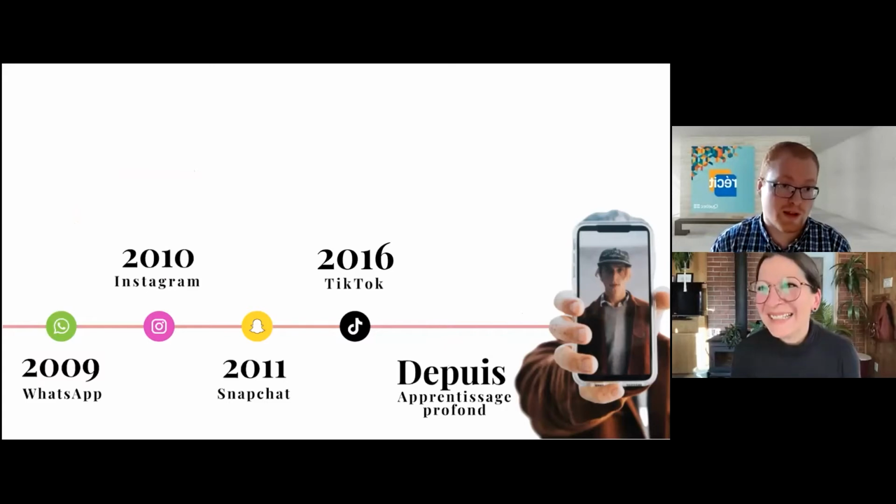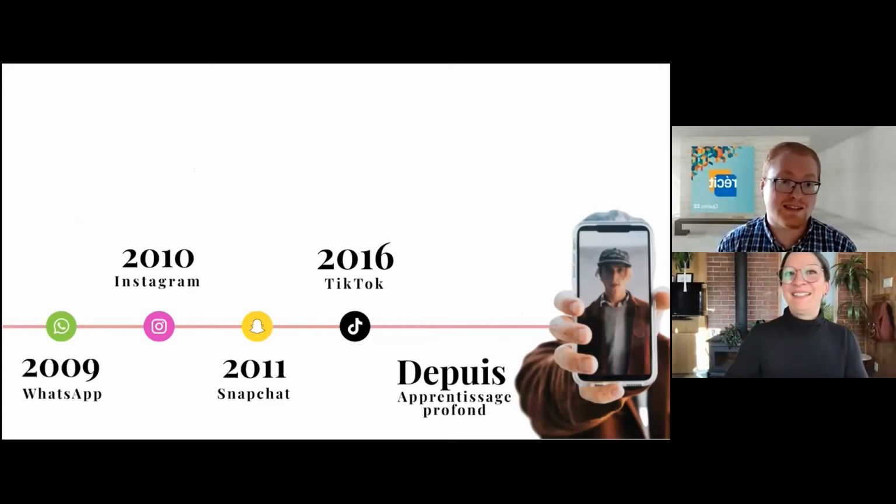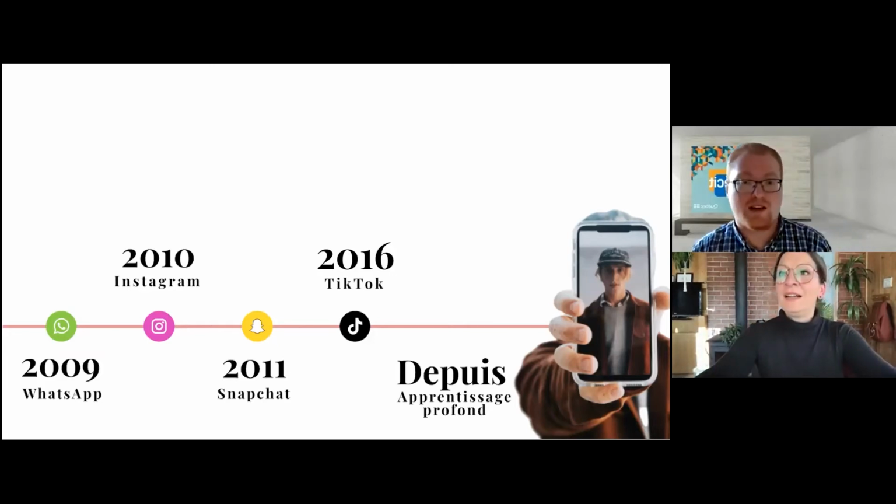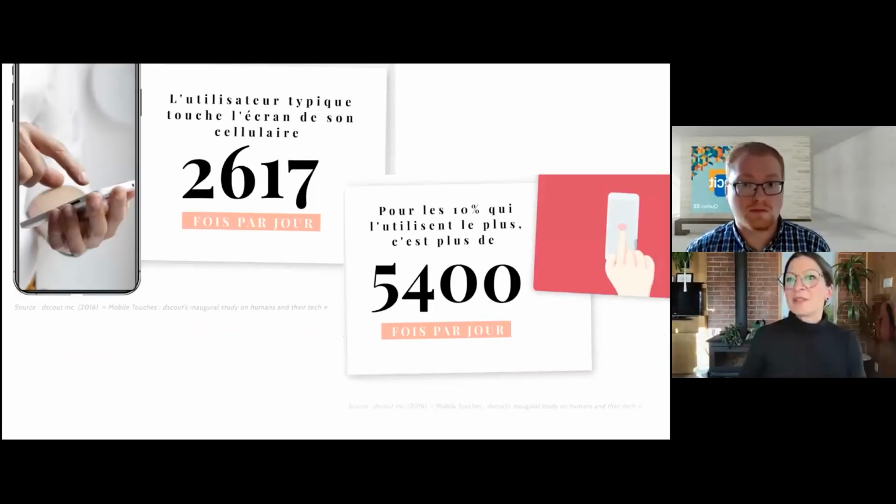Then WhatsApp 2009, Instagram founded in 2010, Snapchat 2011, and the most recent one that is now assaulting the youth with success, TikTok in 2016. And since then, we've seen the development of AI accelerating and coming into interaction with these various social media platforms.